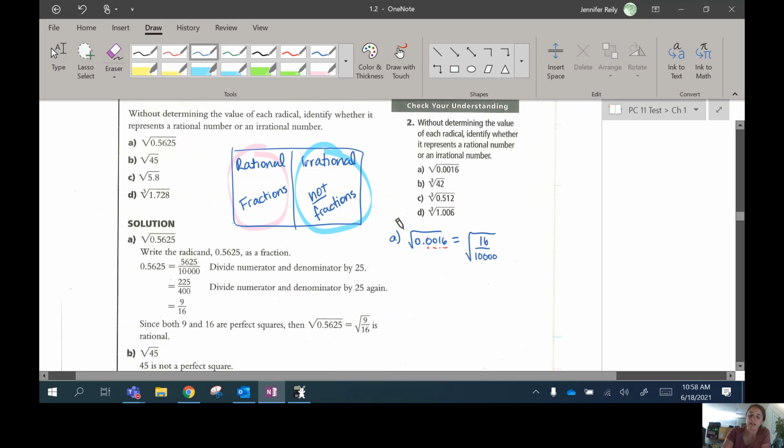And we just simply put the number 16 on top. Okay, so if I was evaluating this, both 16 and 10,000 are perfect squares. 4 times 4 is 16, and 100 times 100 is 10,000. So I can evaluate this to 4 over 100, which is a fraction. And so this is a rational number.